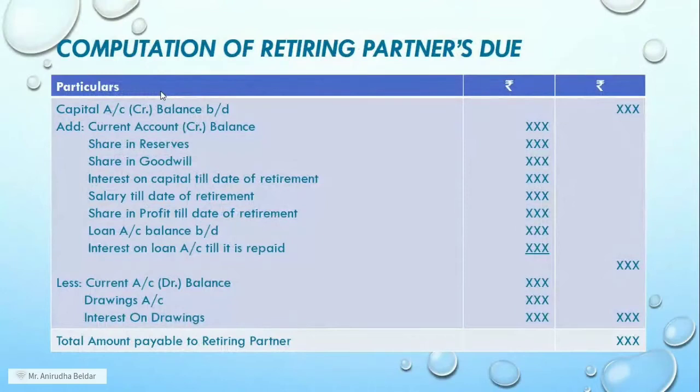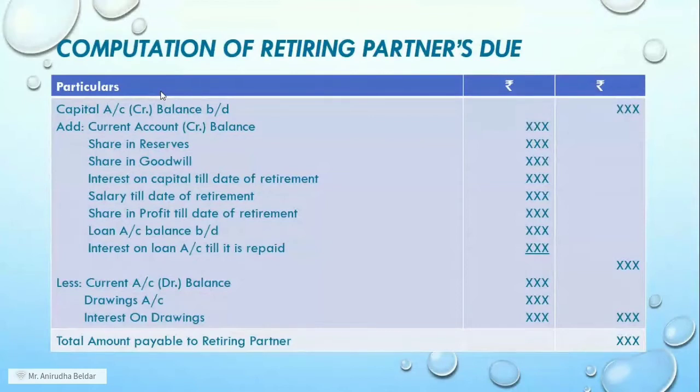In retirement of a partner, we have to compute the partner's due, that is the retiring partner's share. This is the format on your screen which shows the computation of a retiring partner's due, that is his capital balance, to which we add his current account balance, share in reserve, share in profit, share in goodwill, interest on capital till date of retirement, salary till date of retirement, and loan account and interest on loan account till it is repaid.